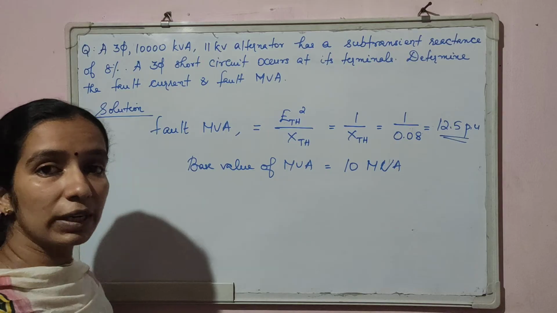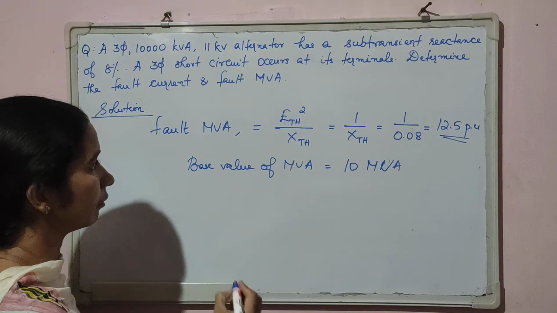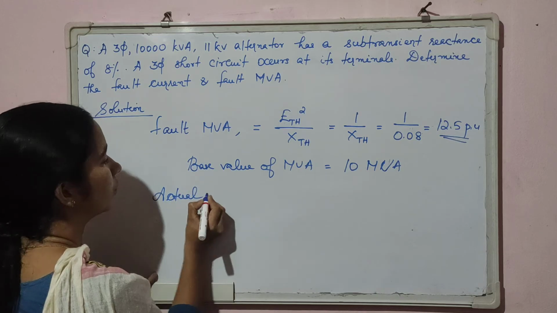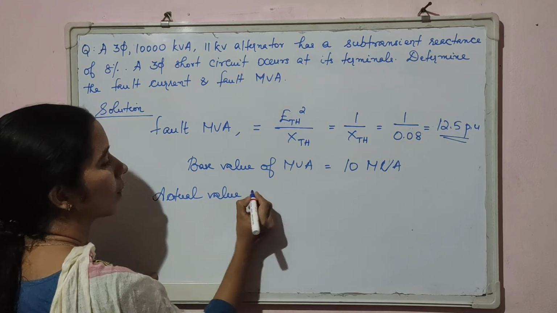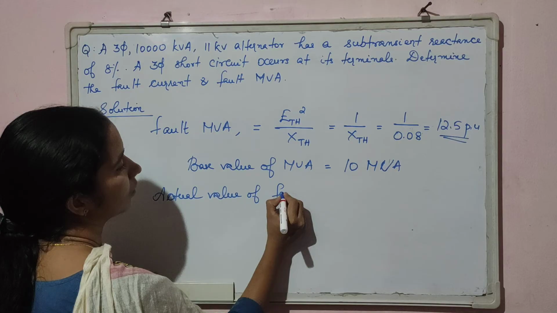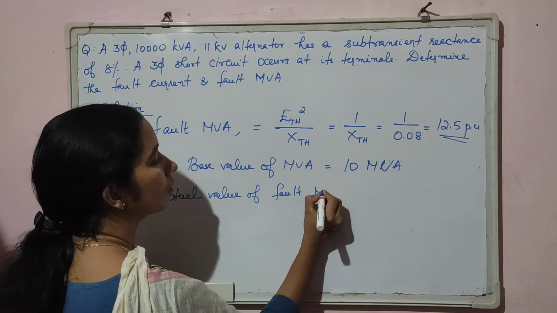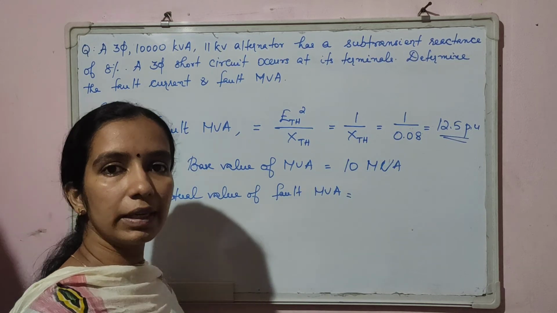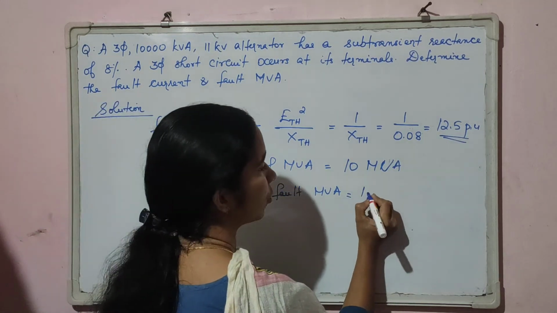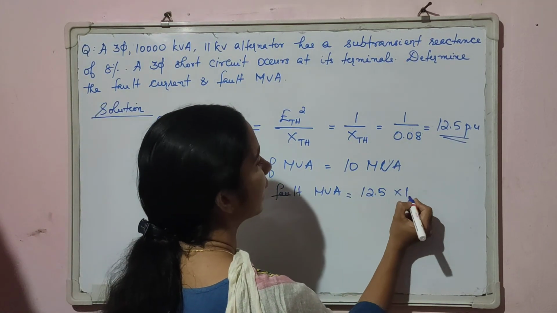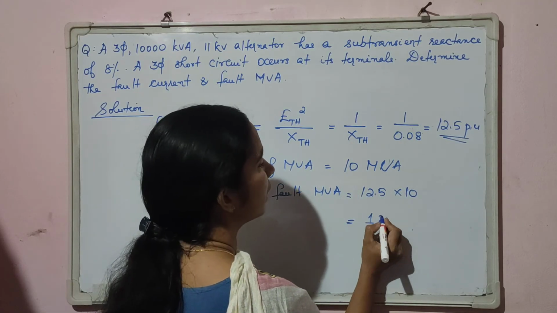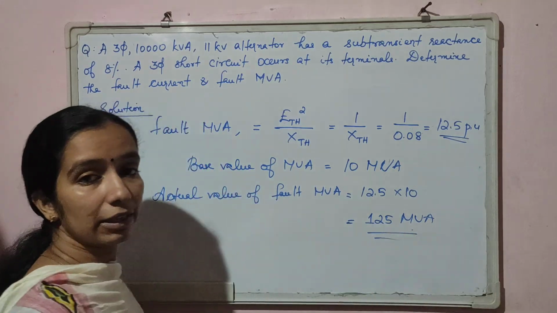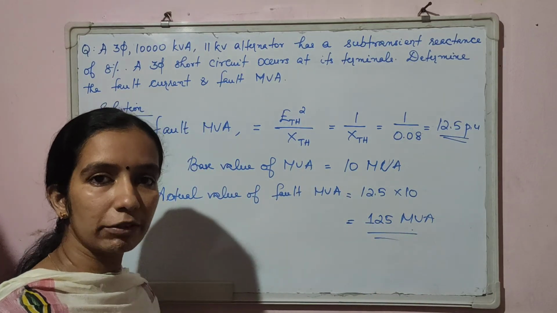So now let us calculate the actual value of fault MVA. It is equal to the per unit value of fault MVA into the base value, that is 12.5 into 10, which becomes 125 MVA. So this is the value of fault MVA, 125 MVA.